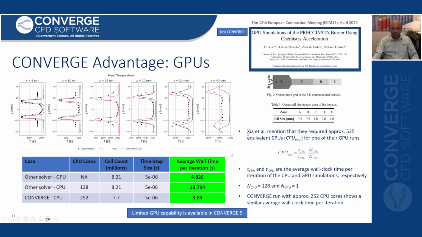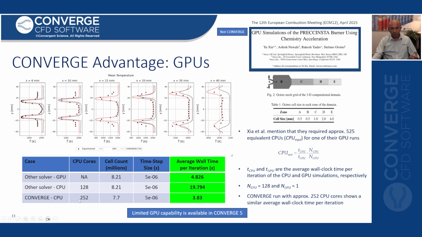They did the simulations for the Preccinsta spray burner with one GPU and 128 CPUs. For their GPU simulation, the average wall time per iteration is somewhere around 4.8 seconds. For their CPU solver, it's about 20 seconds.